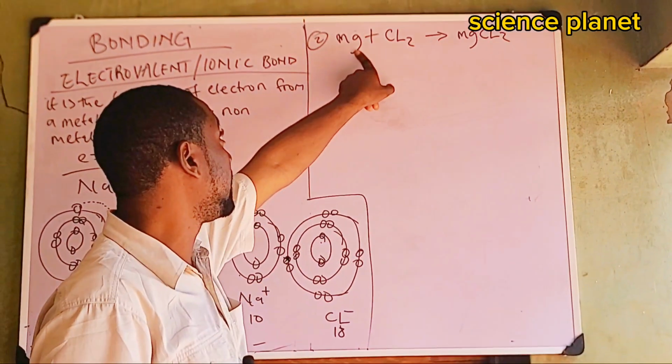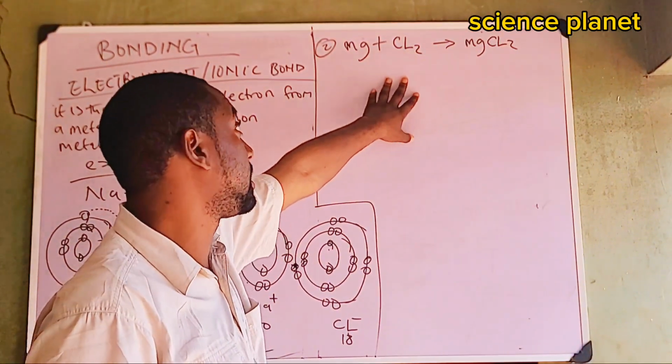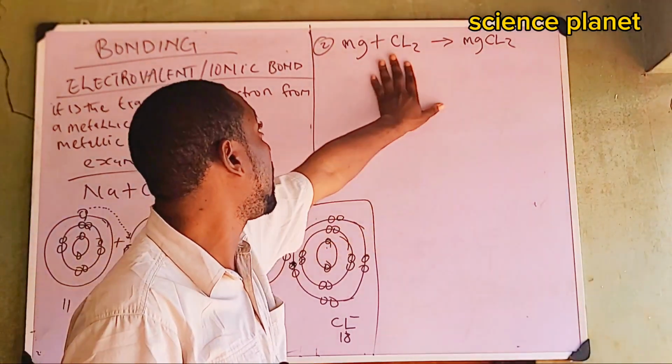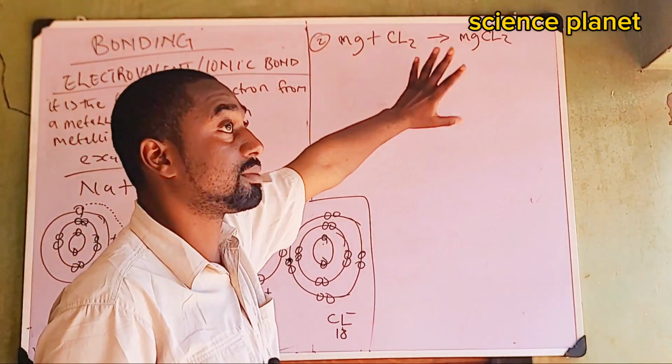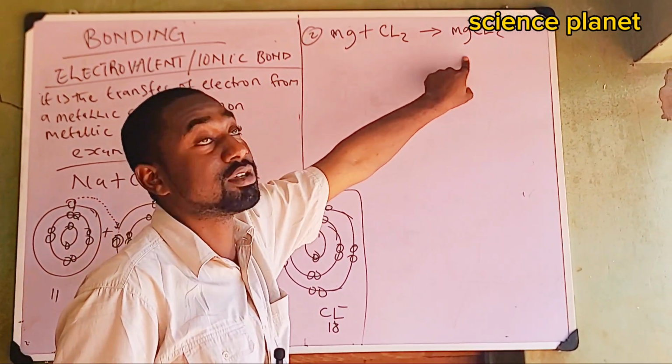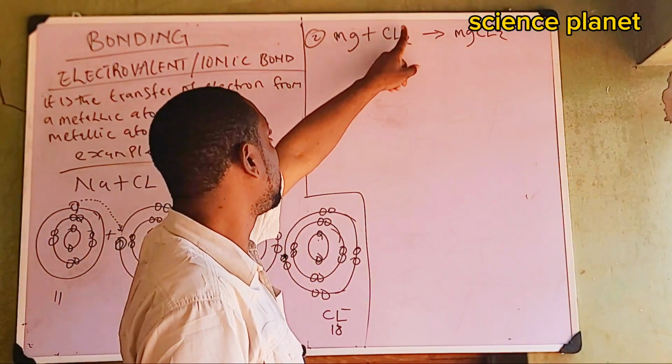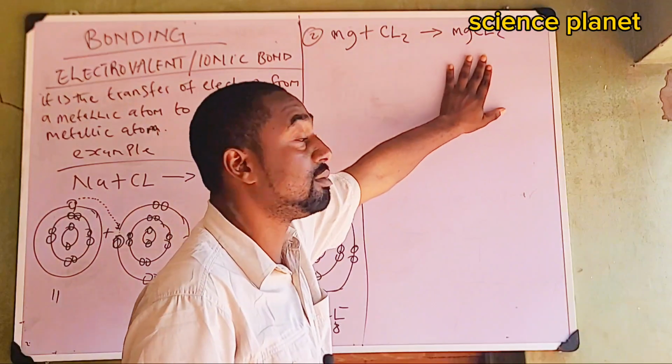We have metal, and here we have non-metal. Let's look at the case of magnesium chloride. Magnesium has +2, chlorine has -1, so you interchange the charges to give you MgCl2.